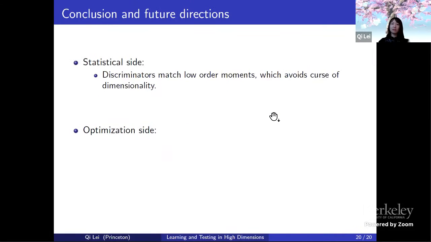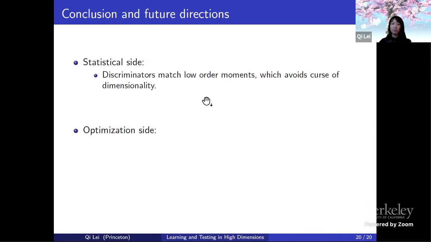And in conclusion, our work studies both the statistical side and the optimization side jointly so that we can show simple heuristics like gradient descent ascent find the target distribution. On the statistical side, we say that the discriminator matches low order moments, which avoids the curse of dimensionality.